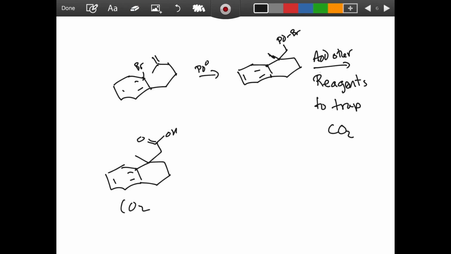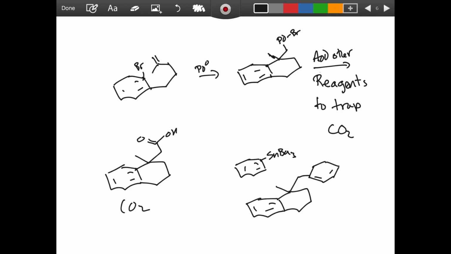You could use, let's say, a tin, right? And you could do a cross-coupling. Right, and that'll give you a cross-coupling.